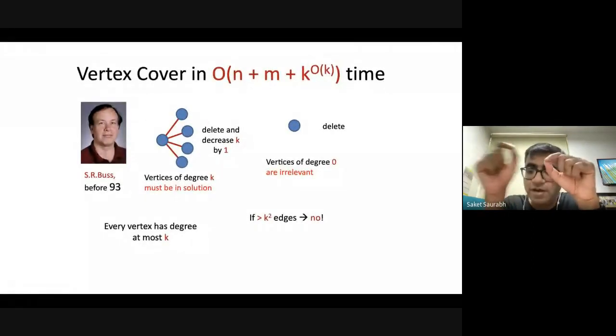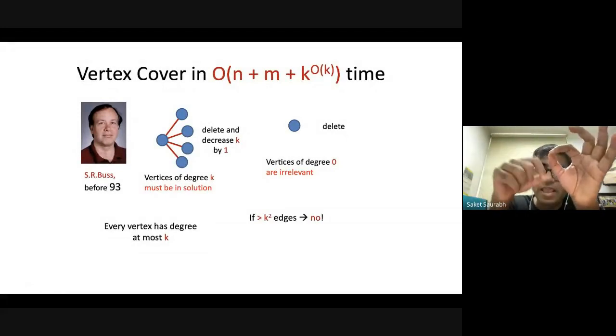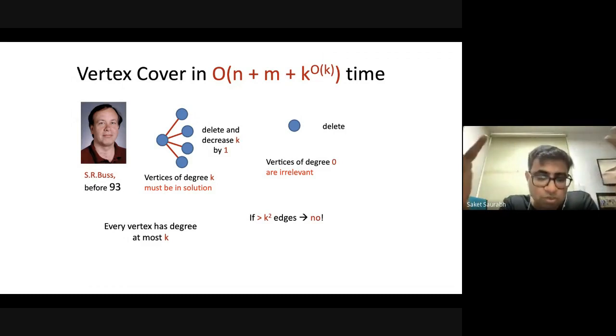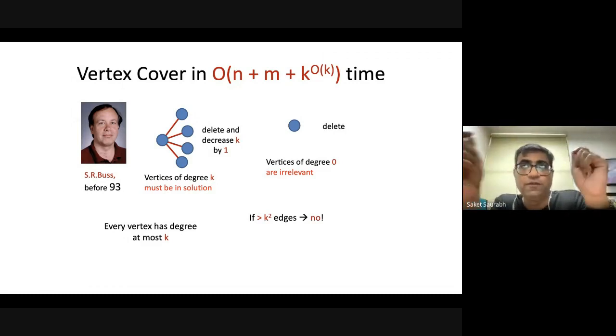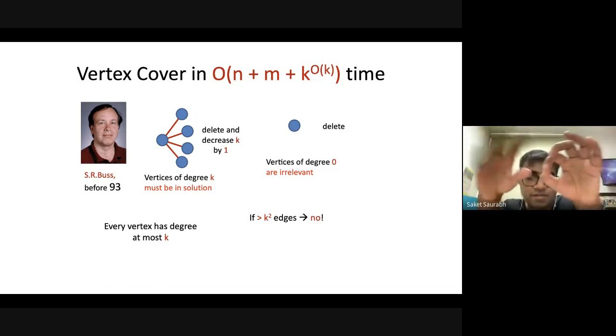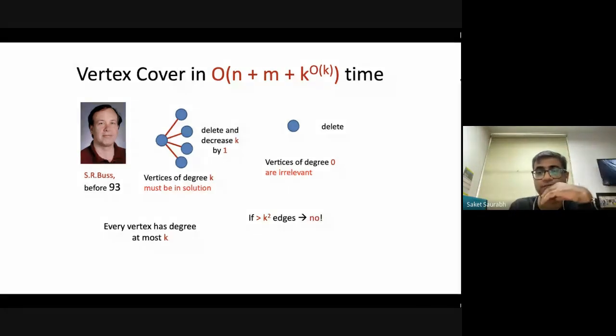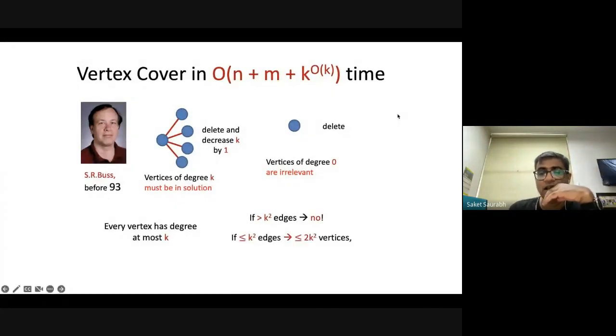Now, one vertex can cover at most k edges, so k vertices in total can only cover k squared edges. So if you have more than k squared edges, then you cannot find any k vertices that can cover these edges, so it's clearly a no instance. And if it is at most k squared edges, then it has at most 2k squared vertices.